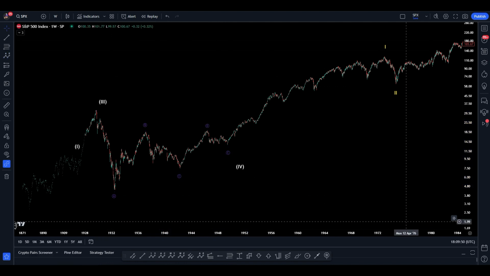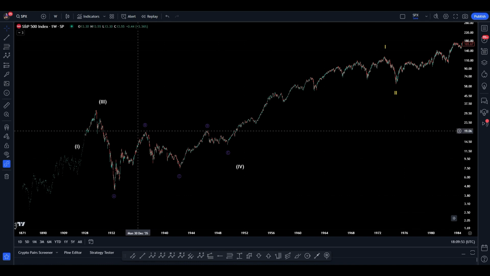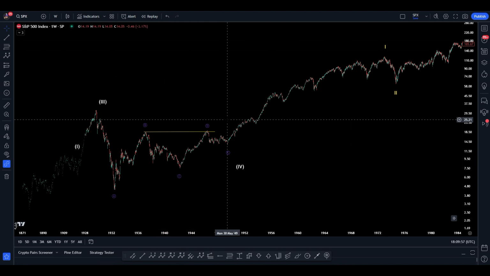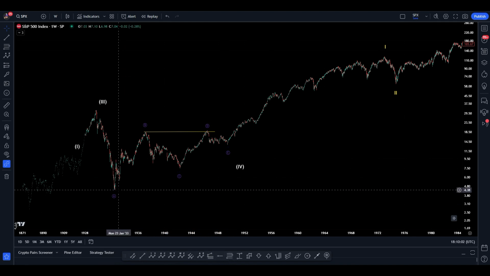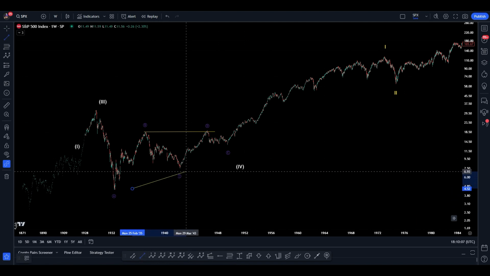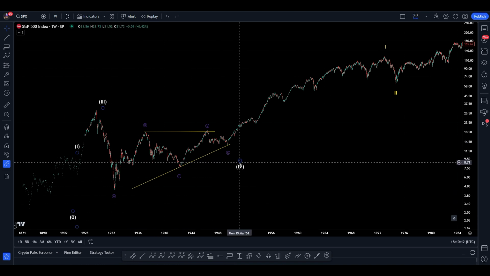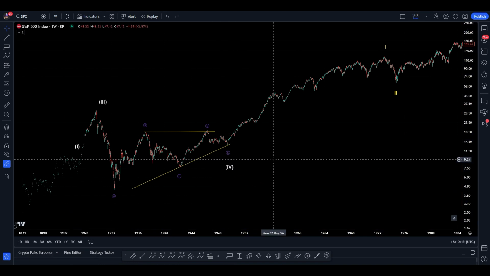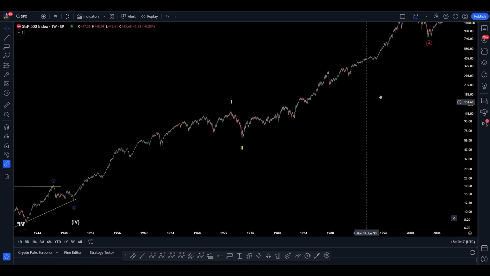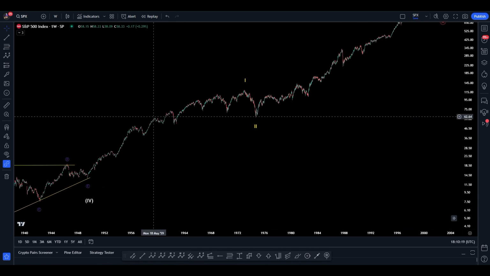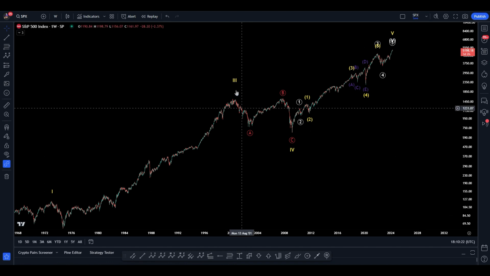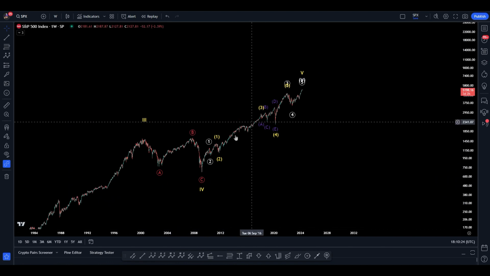This would be what's called a barrier triangle, where waves B and D form a barrier, and the rest of the waves here, C and E, contract. It would be a barrier triangle for a fourth wave, and this is all the fifth wave. So we have in yellow here 1, 2, 3, expanded flat 4, and finished the fifth.